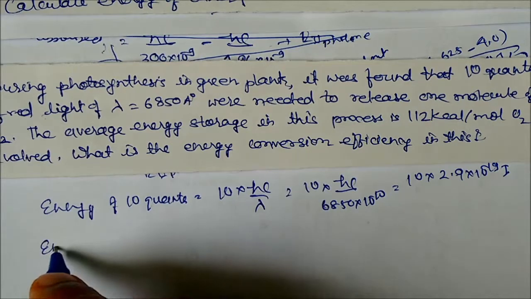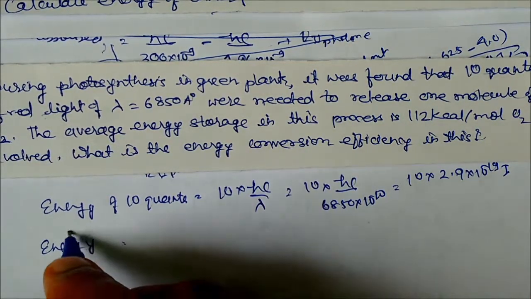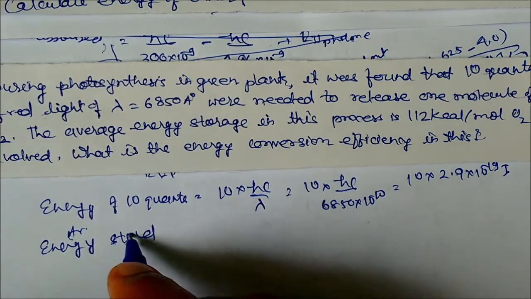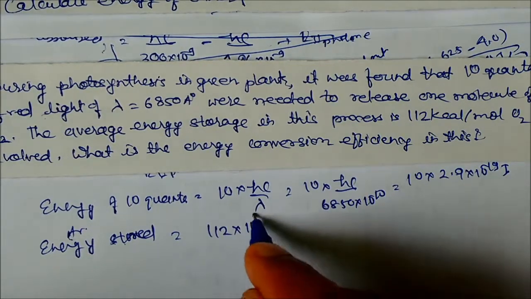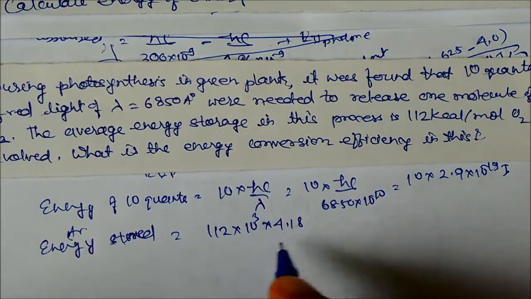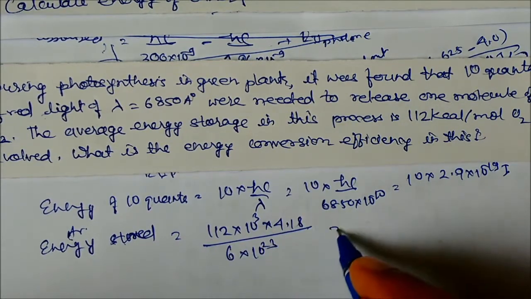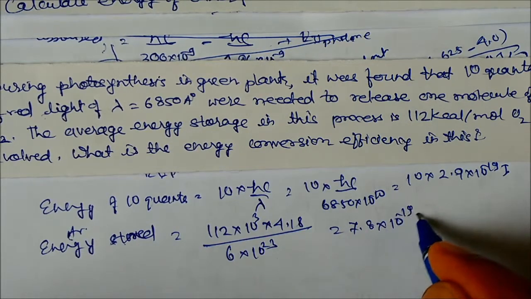And the average energy stored is 112 into 10 power 3, times 4.18 for calorie, and per molecule it will be divided by 6.023 into 10 power 23. So this much energy is stored by the molecule, 7.8 into 10 power minus 19 joule.